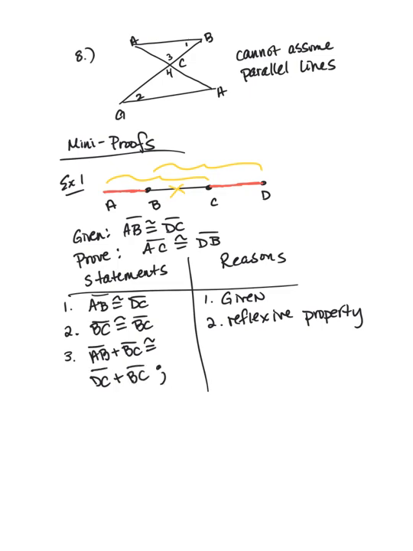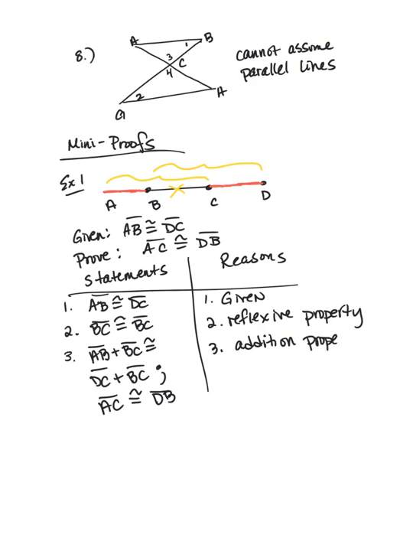Put a little semicolon and replace those sums with their answers. So what is AB plus BC? That would be AC, right? What is DC plus BC? That's right. That's DB. Okay, so that is the addition property.